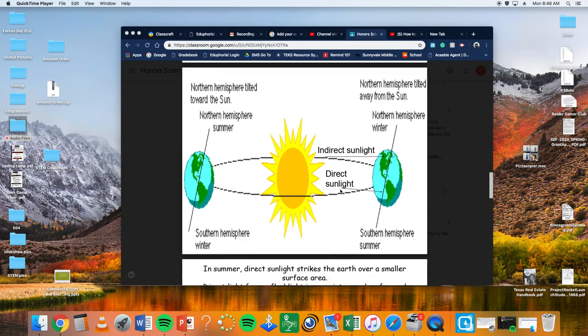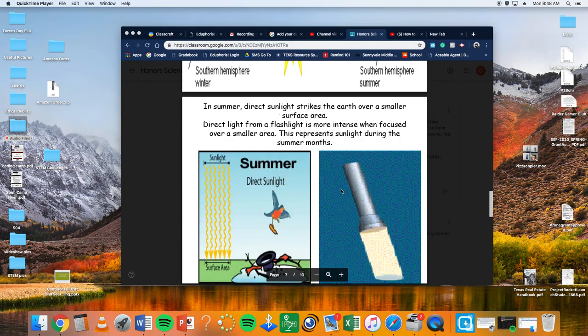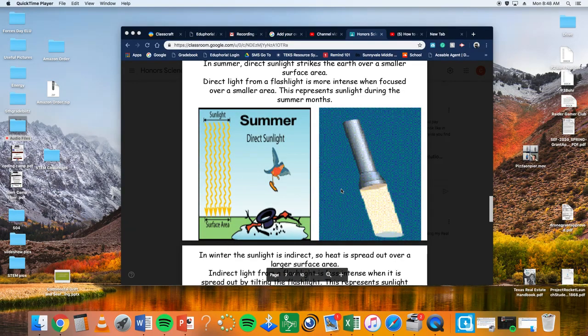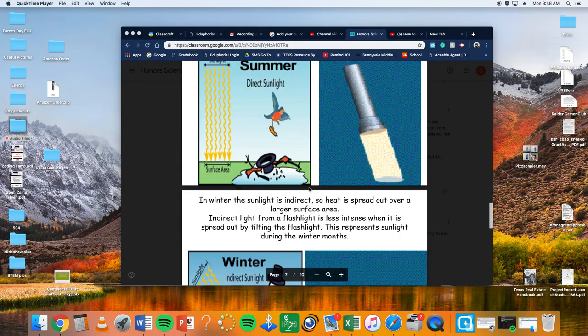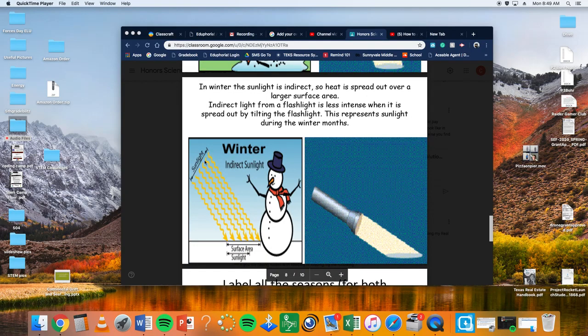Okay? With that, again, a little idea about what the direct sunlight does. Smaller surface area, more intense. Versus the winter, it's a glancing, larger surface area, so less intense energy on that specific hemisphere that's getting the indirect sunlight.